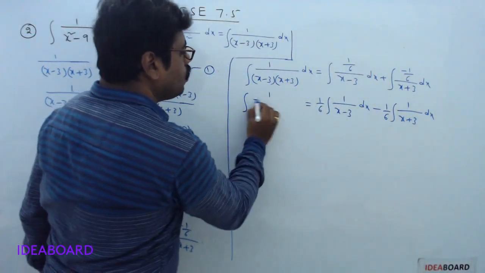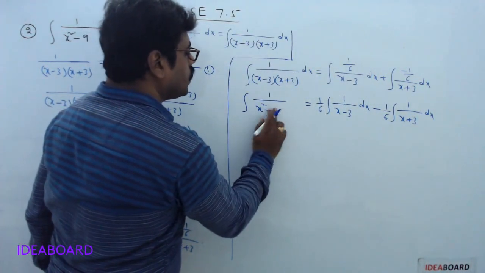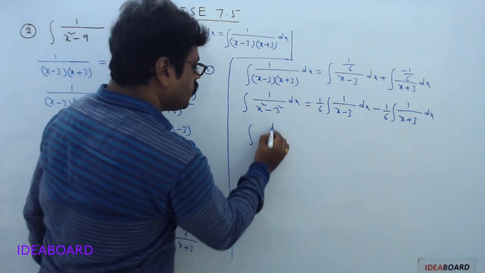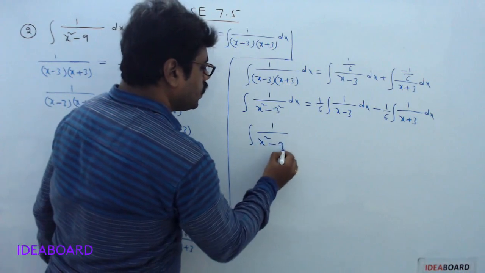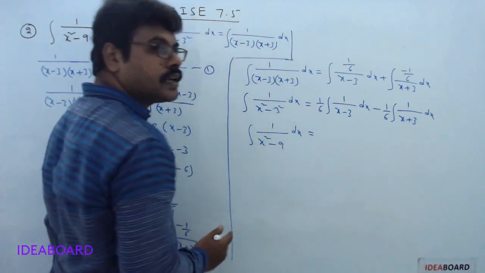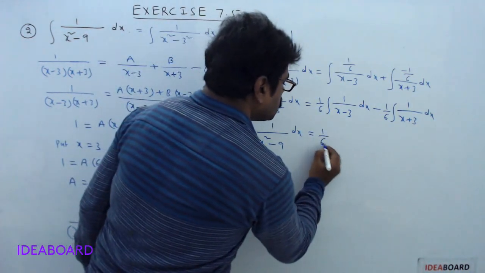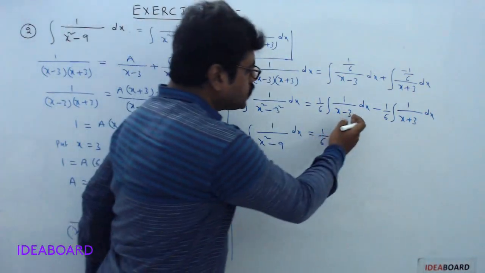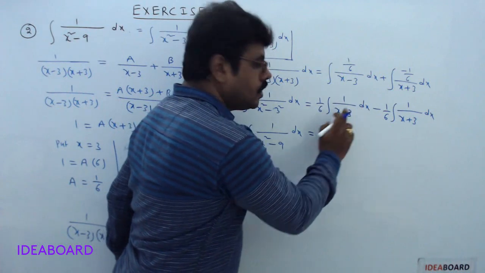Now what is the LHS part? 1 divided by x square minus 3 square dx. Now therefore integral 1 by x square minus 9 dx equals 1 by 6 into, if you look at the first term, what is the derivative of x minus 3?